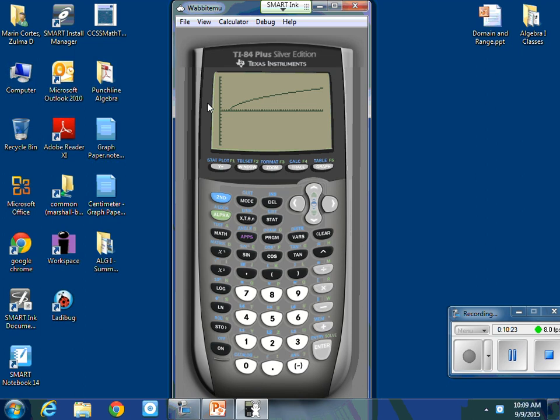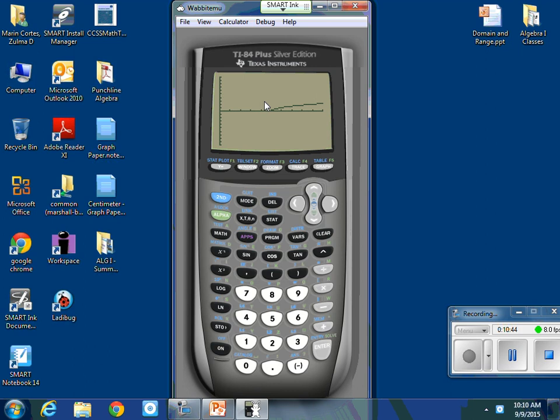Now, where does that number start? We already said, and you can actually zoom in to see it. That would be 1, 2, 3, 4, and 5.